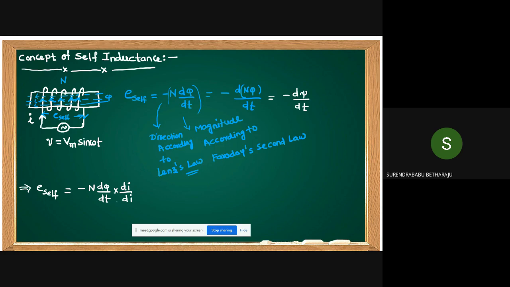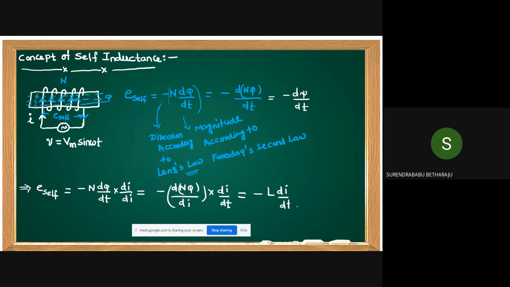Then I'm writing like this: minus d(Nφ) by di into di by dt. This is equal to minus L into di by dt.